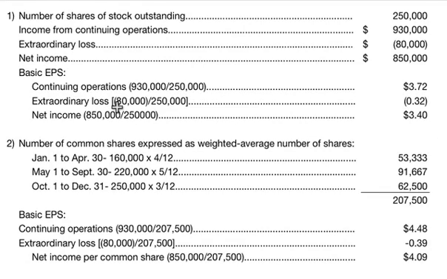Then we divide 80,000 by 250,000, and that is 32 cents, or a loss of 32 cents per share. On net income, you have 850,000 divided by 250,000 shares. So you have $3.40 when you subtract the loss from continuing operations income. So that's number one.